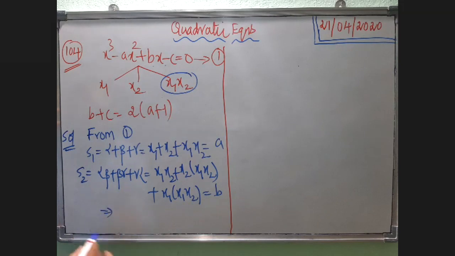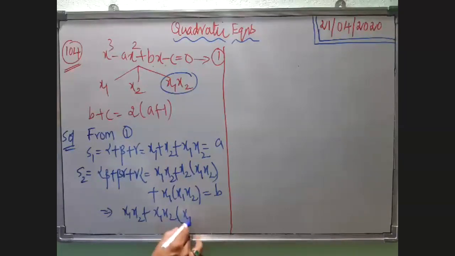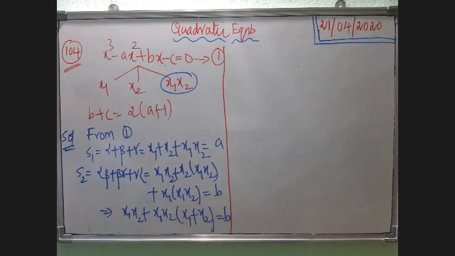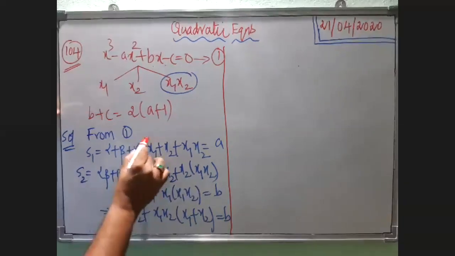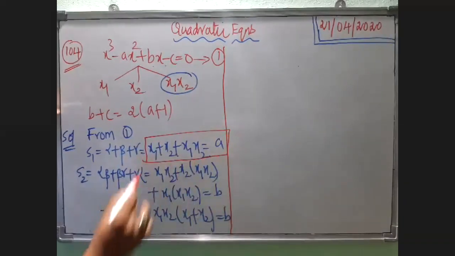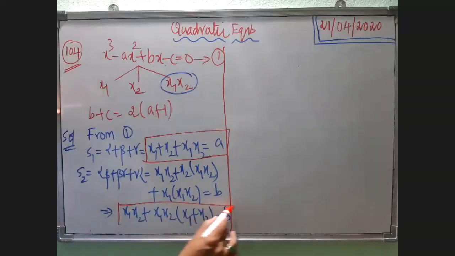This implies I can write this as x1 x2 plus, if I take x1 x2 common, I will be getting x1 plus x2, which is nothing but b. So I got here 2 equations, the value of a and the value of b. The value of a is this, and this is the value of b.